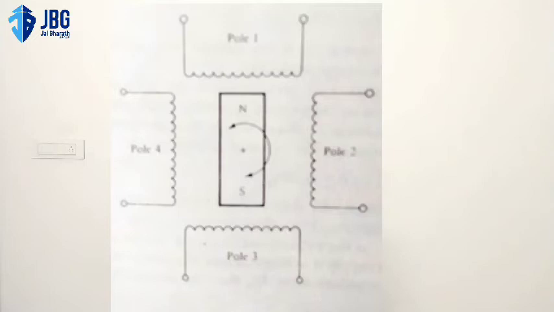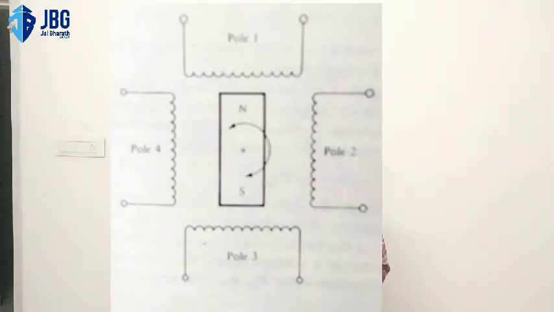Let us assume for pole 3 we give an electromagnetic stator pulse, or some electricity, in such a way that we make pole 3 a north pole, and pole 1 south. So the stator rotor position is as shown in the figure.